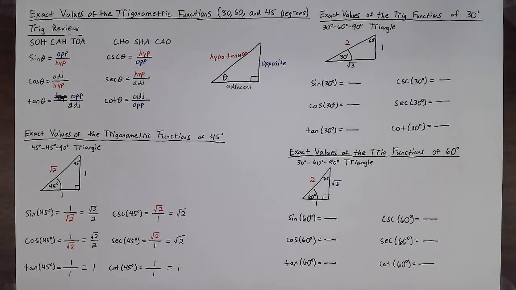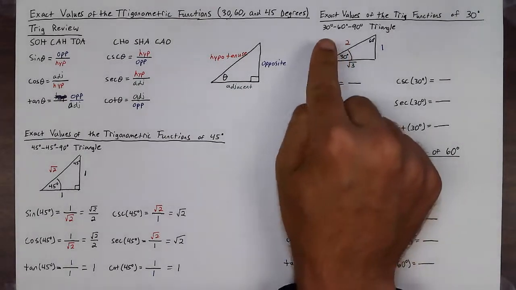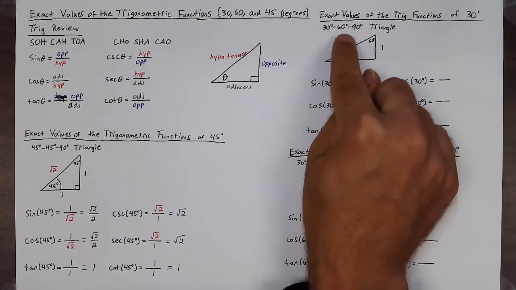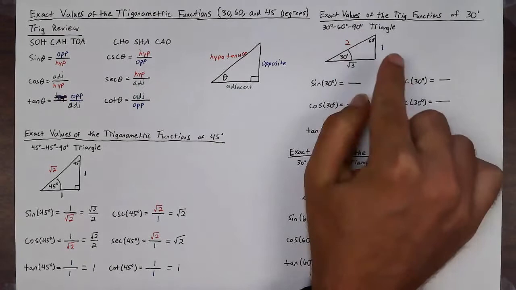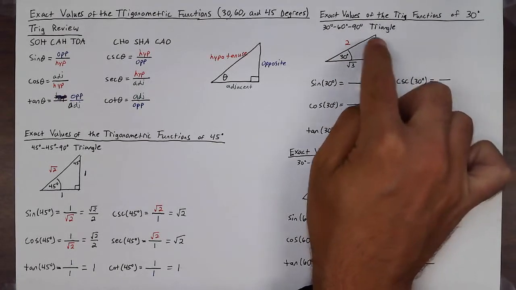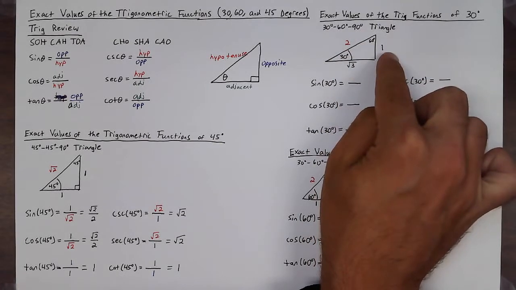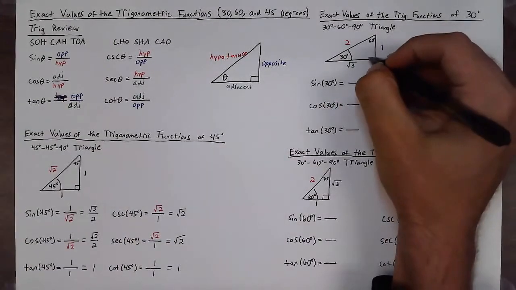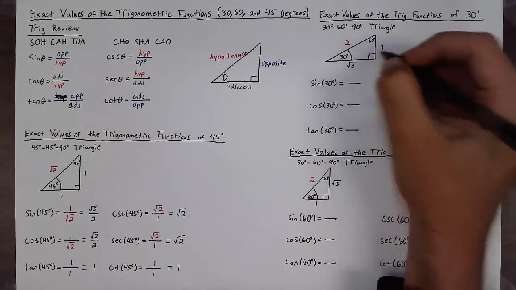And if you want to, you can pause this video and see if you can fill out the rest of this without me. But if I was looking at 30 degrees, I know that there is something called a 30, 60, 90 triangle, with ratios, which if the opposite side of 30 degrees was 1, that makes the hypotenuse 2, and the opposite side of 60 degrees, the square root of 3.